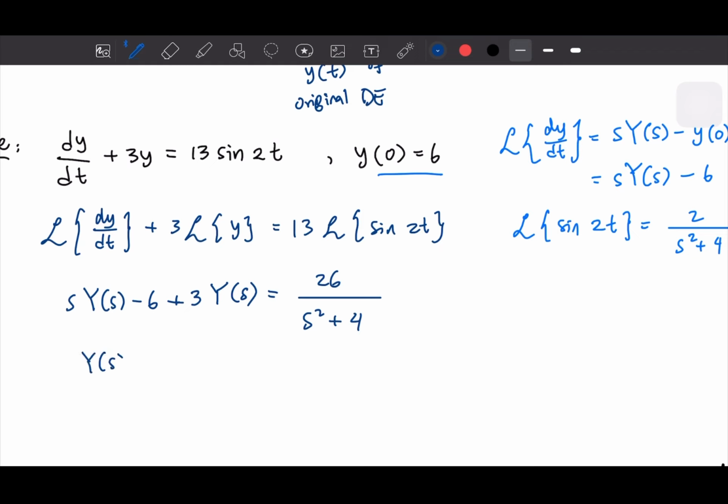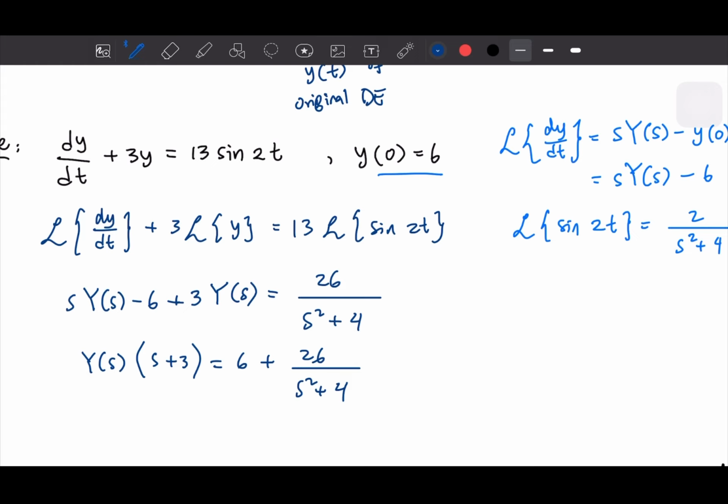Take the factor out, Y of s times s plus 3, and move the 6 to the right side, so we will have 6 plus 26 over s squared plus 4. So what we are going to do now is solve for this capital Y.